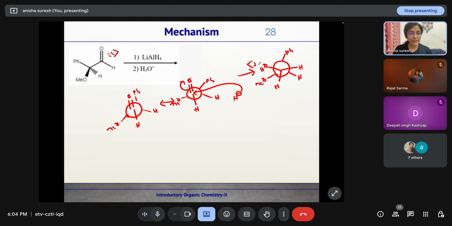If we will look at it from this direction, then Ph is coming on our left hand side and hydrogen on right hand side. Sorry, we will look at it from this direction.